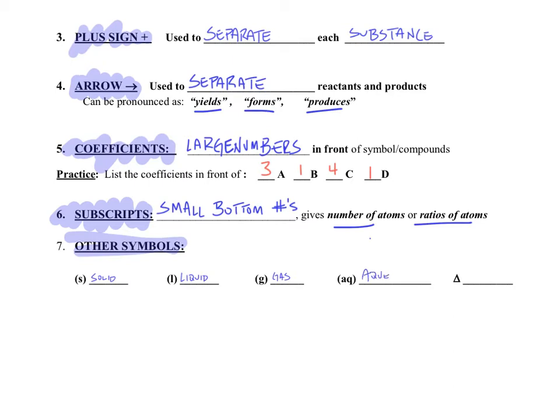And AQ means that this substance is aqueous. What that means is that substance, that element or compound, whatever it may be, is dissolved in water. So yes, it is a liquid, but it's telling you that substance is dissolved in something else, so it's not pure 100% one particular element.